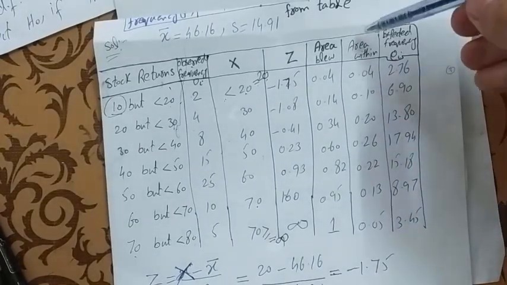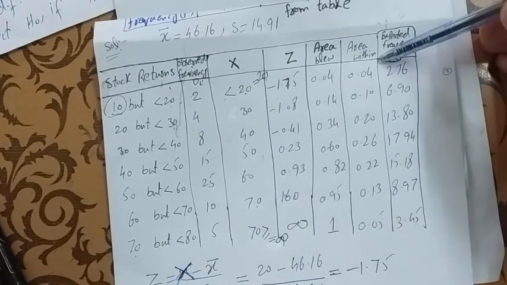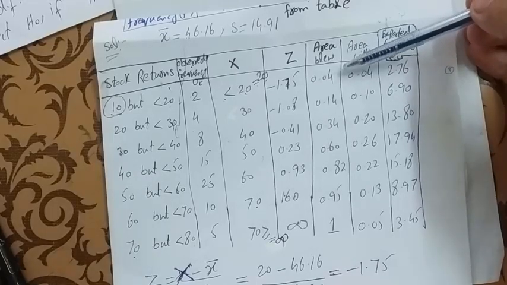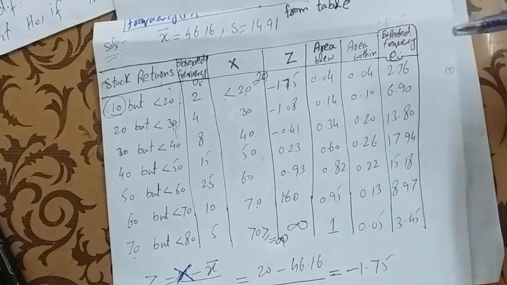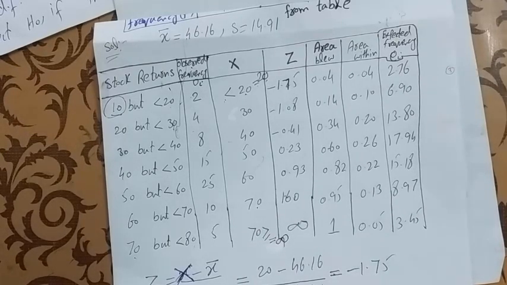So now we find the area below and the area within. How do we find the area below? Dear students, we use the table. These tables are not given in a book; we download the Z tables from the internet to find the area.